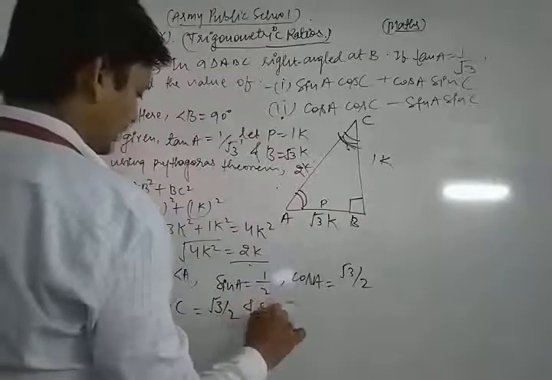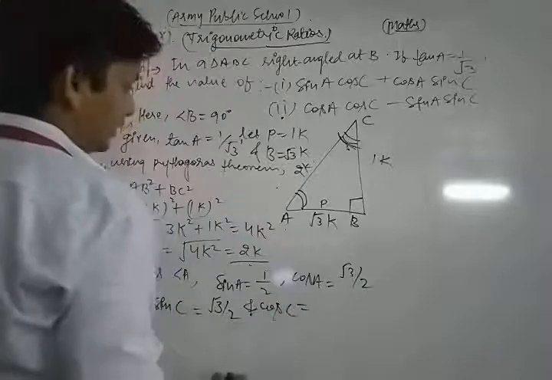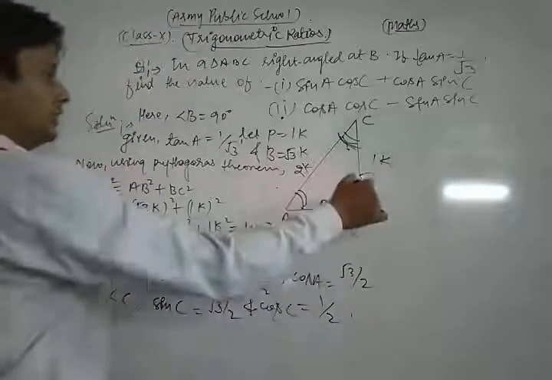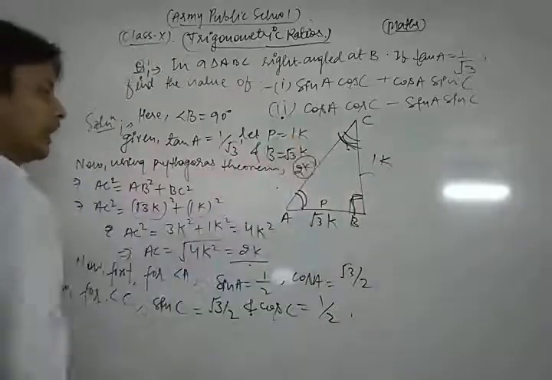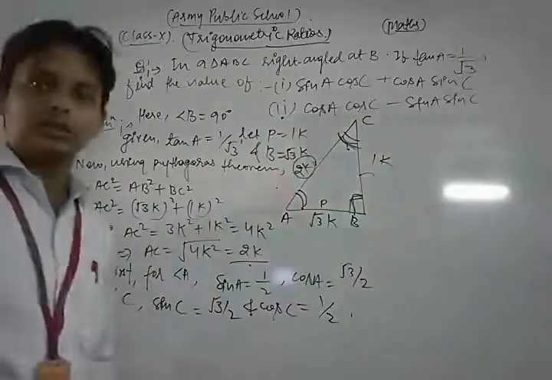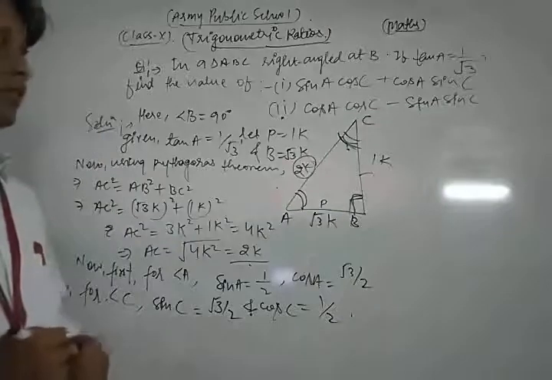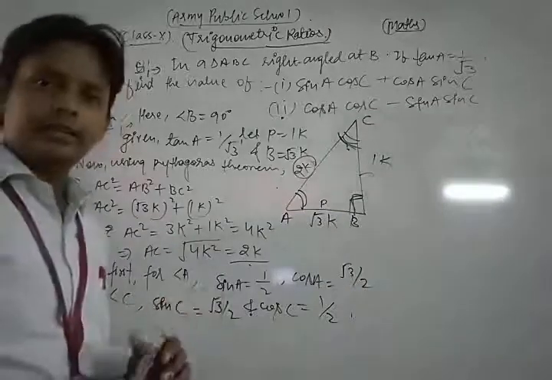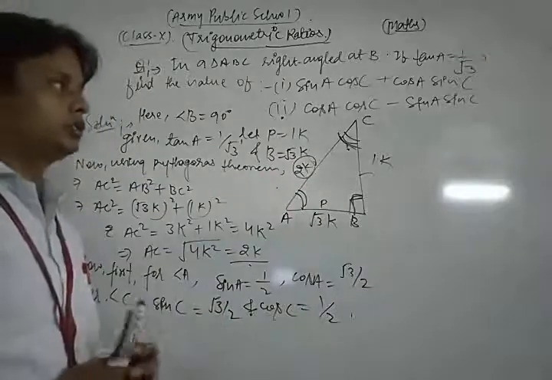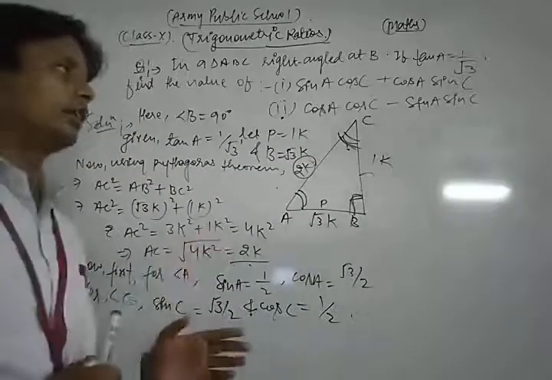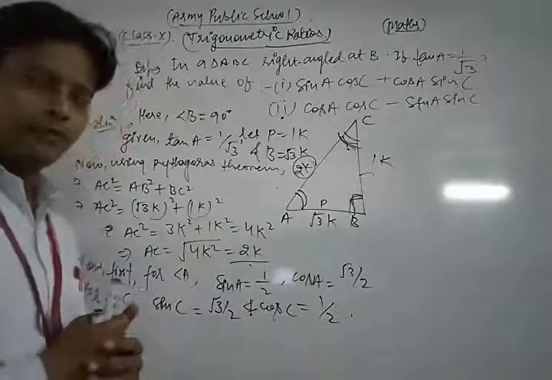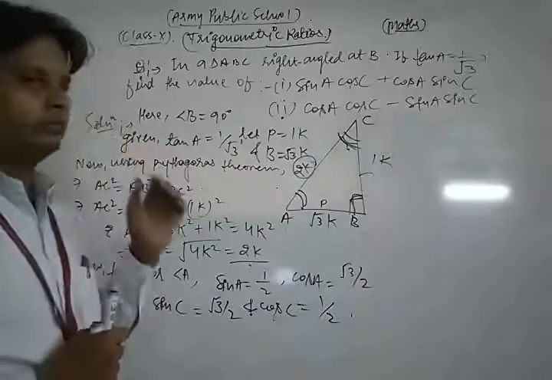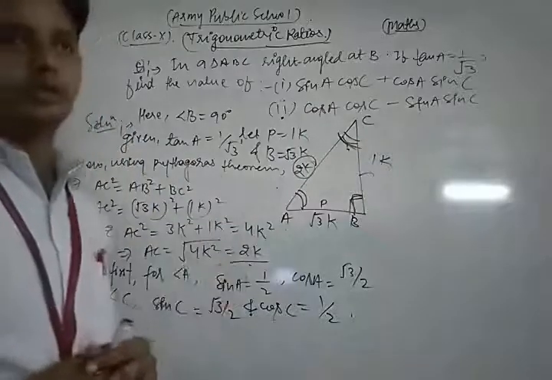And cos of angle C is base upon hypotenuse. This is 1 upon 2. This is your base, and the side opposite to the right angle is always your hypotenuse. So in this way, dear friends, we find all the required values of trigonometric ratios for angle A as well as for angle C. Now we substitute all these values in the given expression.